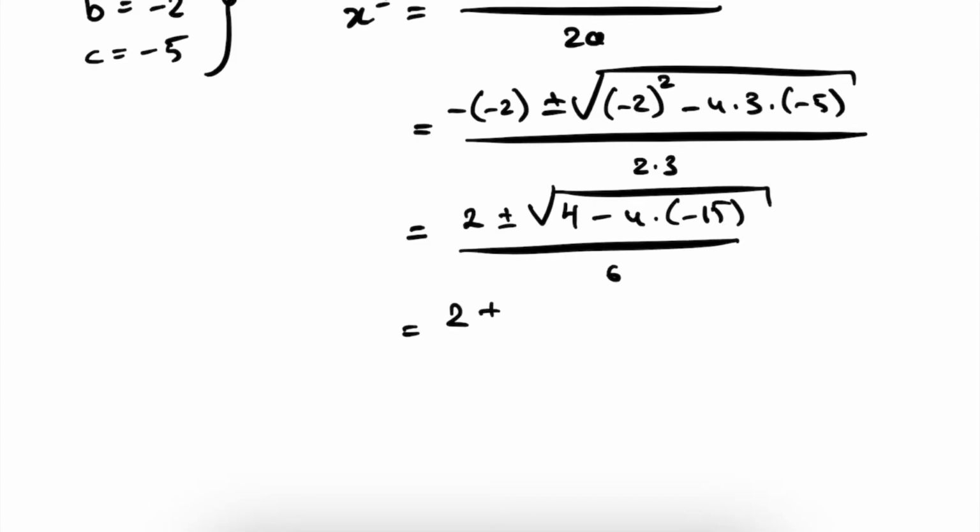So we get minus 4 times minus 15 divided by 6. This is equal to 2 plus minus the square root of 4 minus, and 4 times minus 15 is minus 60.